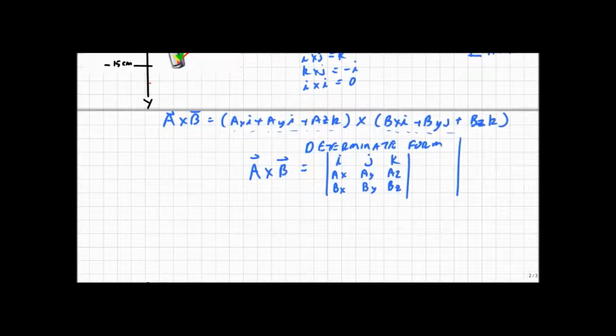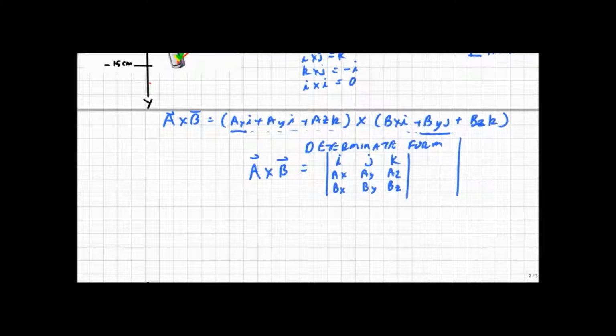I'm going to leave it to you to fully work this out if you want, but remembering that I cross I is 0, if I were to look at multiplying this out, AX I times BX I, that term goes away, right? AX I times BY J gives me AX BY times K, and there's those terms in that determinant.